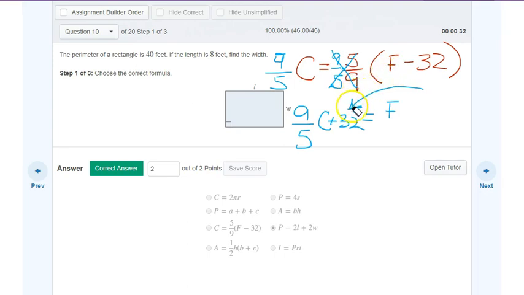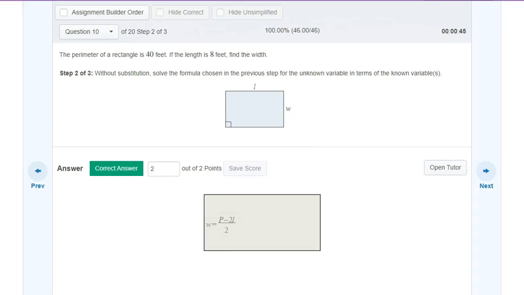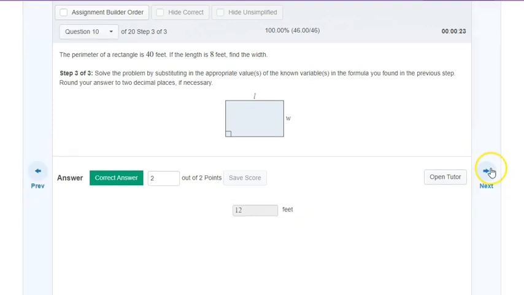And on other tests, I have found these to be the examples they're using. So there's the next slide with the solution. And there's what W equals. All right, let's go on.